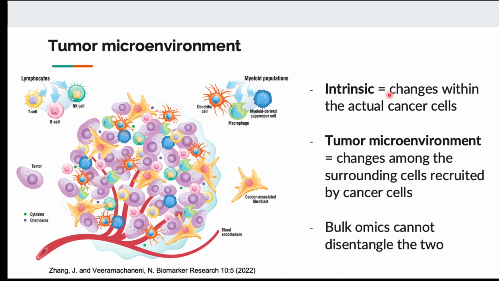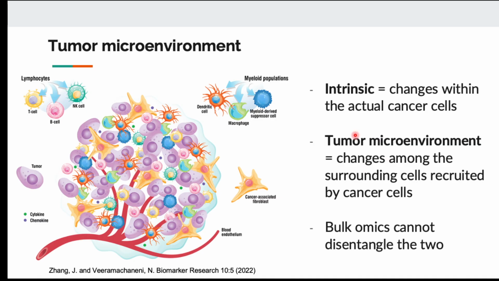In cancer research, when people talk about intrinsic change, they mean they want to focus on the change in the actual cancer cell. They want to remove any transcriptomic or mutation profile from other cell types.